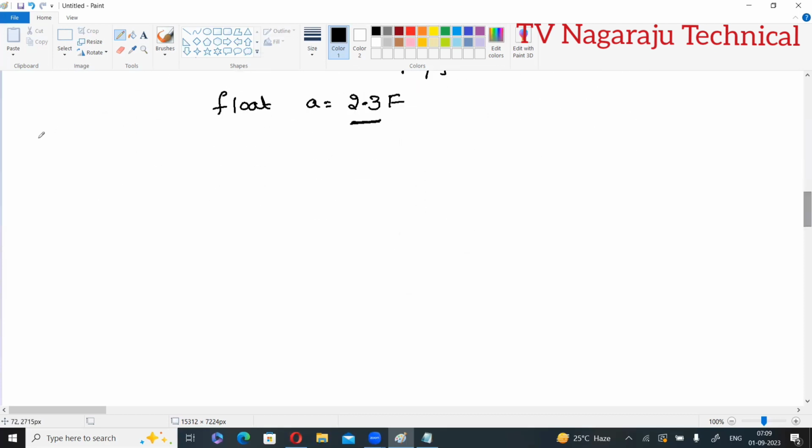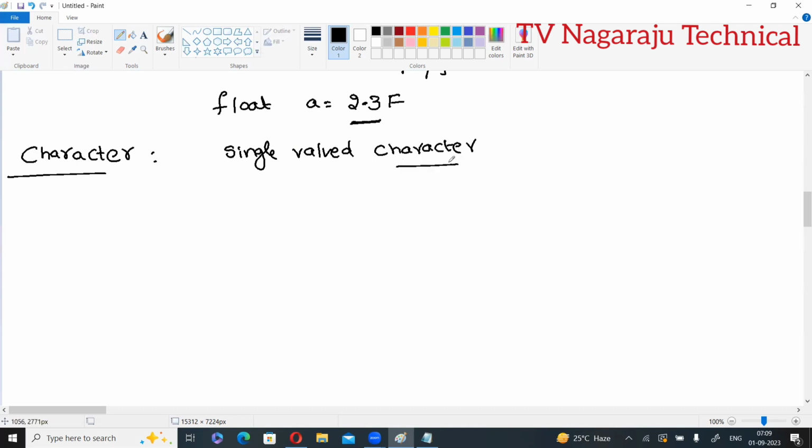Third one. What is the third one? Character. The name specifies which is used to store a single valued character. That means we can store only a single character, and a character must be represented in single quotations.